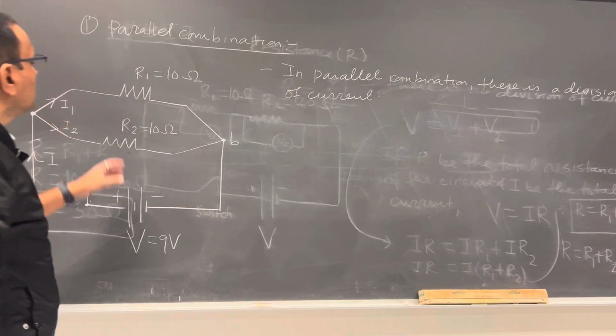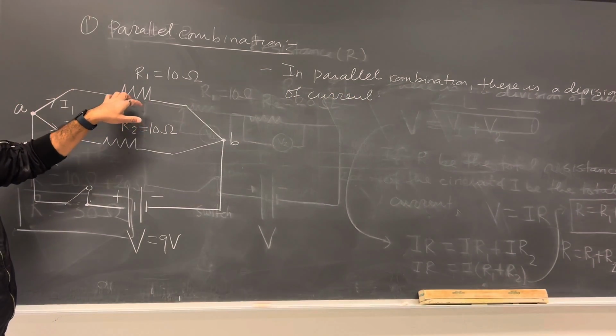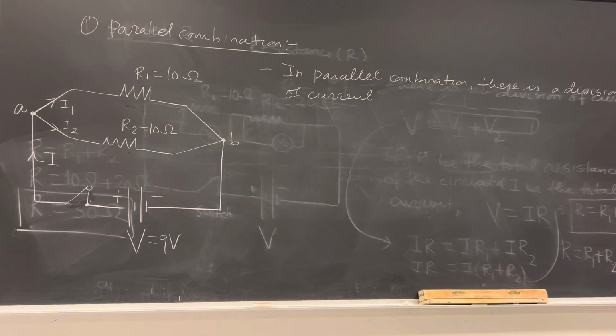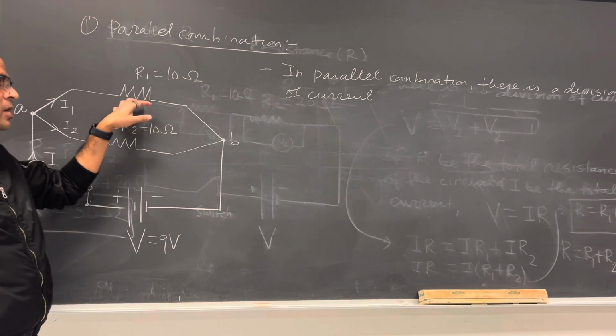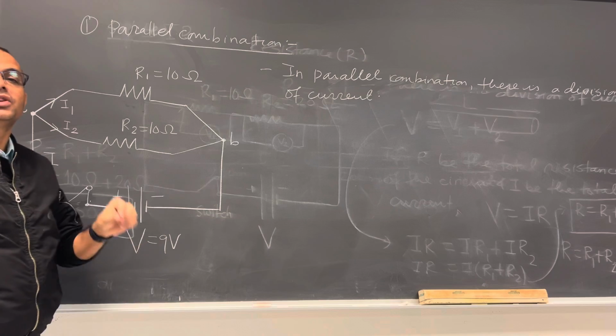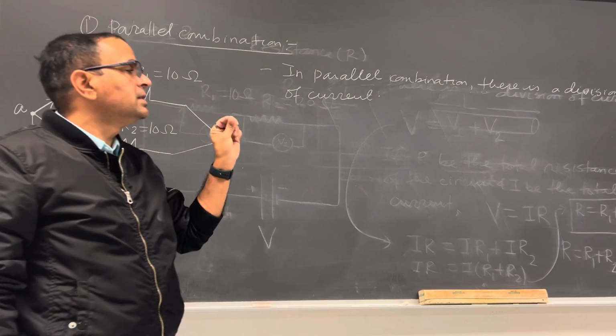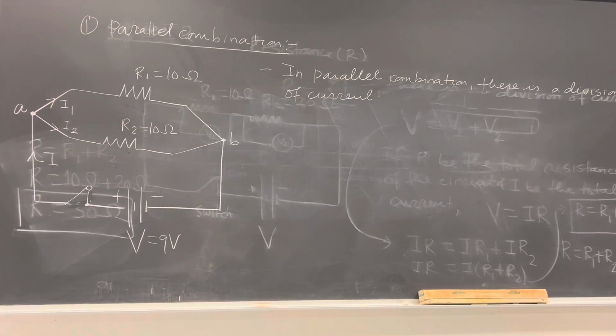But here you have the same potential difference across each resistor. Different current passes through each resistor, but you have the same potential difference across each resistor.